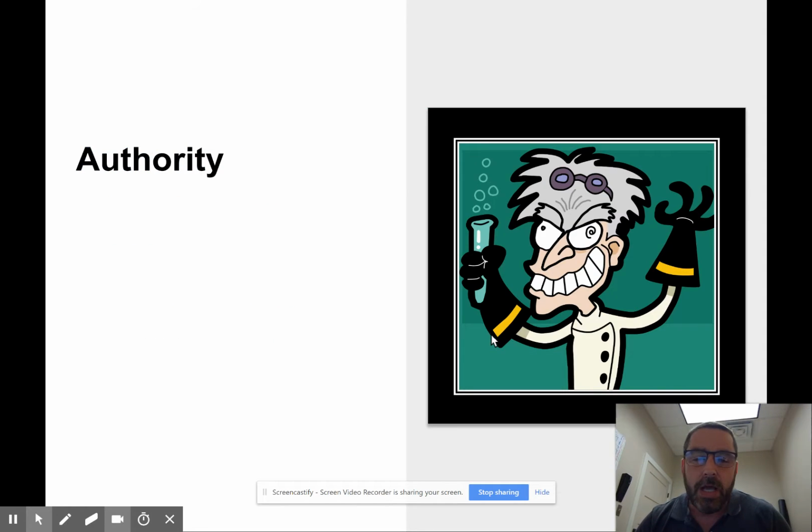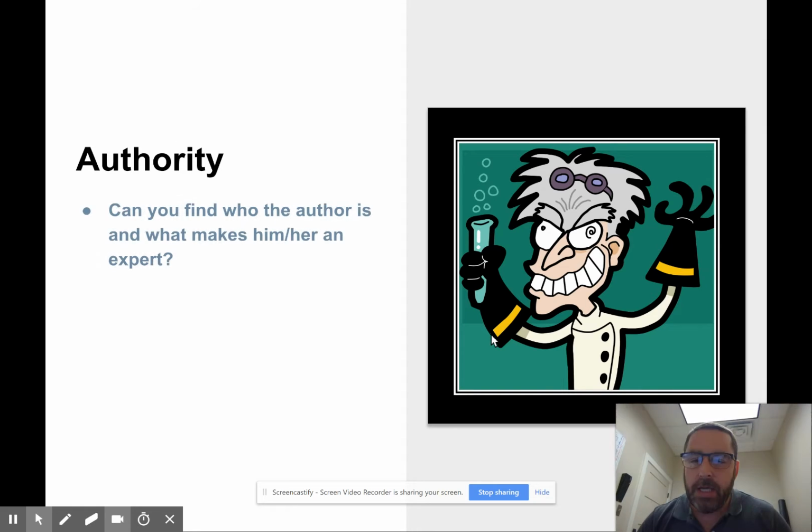Next, you've got to look at authority. Authority means: what makes that author an expert, and can you find the author? If you can't find the author on a website, or if it's hidden from you and hard to find, then that should send up a red flag, because most of us, especially when we're proud of our work, want to take credit for it. So if you don't see the author right there on the first page of a website, be suspicious.